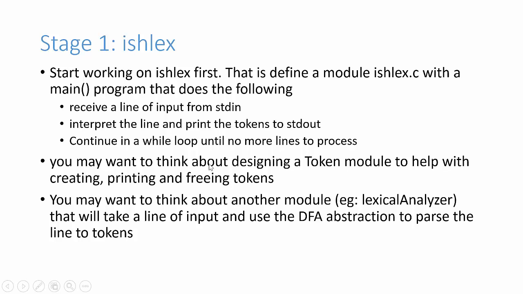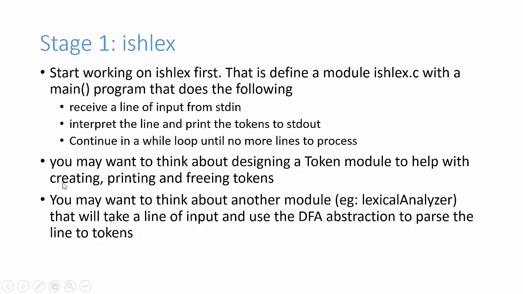Now, you may want to think about designing a token module to help with creating, printing, and freeing tokens, because the goal of the first module is to get a line of input, break it up into tokens using some sort of a DFA abstraction, and print these tokens to standard out.